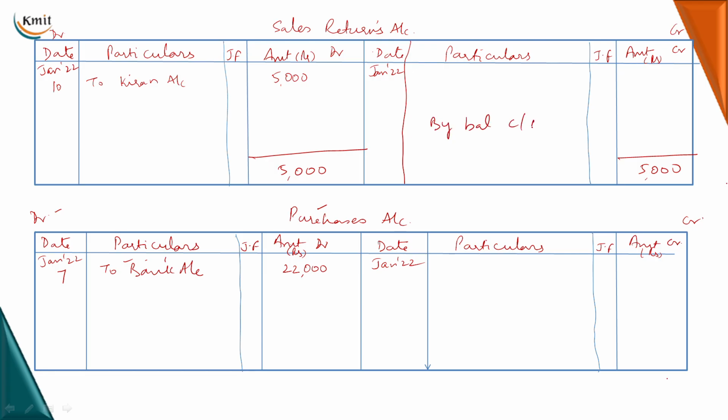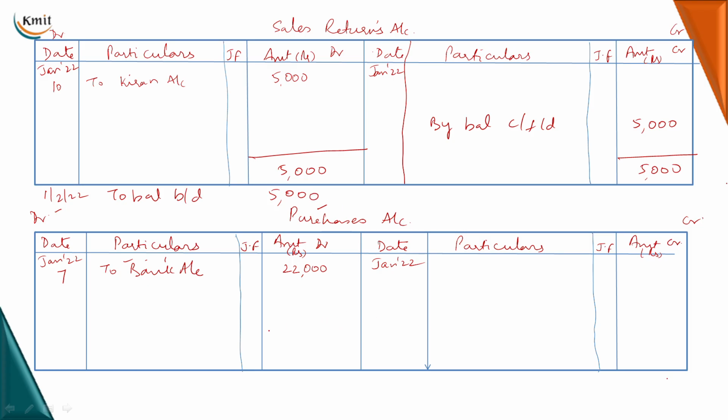By balance carried forward or down 5,000. This is the balancing of sales returns account. To balance brought down 5,000 rupees.